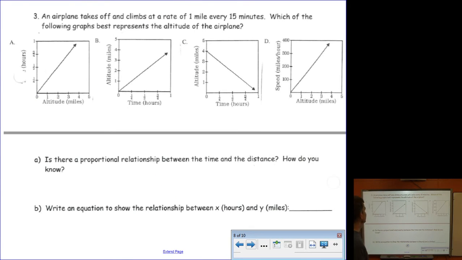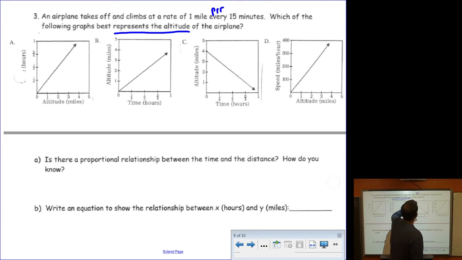Problem number 3 says an airplane takes off and climbs at a rate of 1 mile every 15 minutes. Which of the following graphs represents the altitude? All right. So altitude is going to be, this is like the word per. Altitude is going to be my y value, and time is going to be my x value.